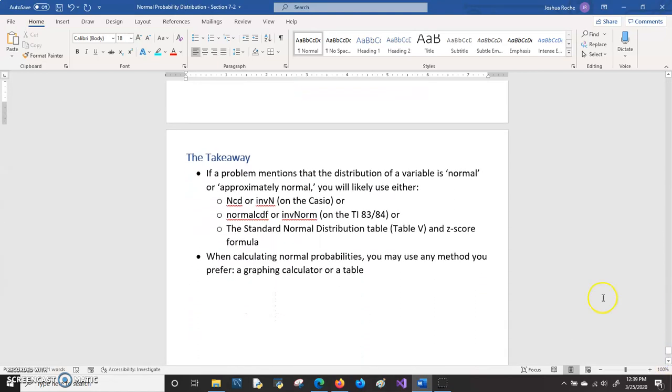There are a few takeaways to keep in mind as you finish this section.